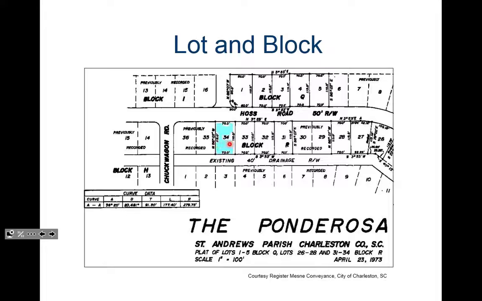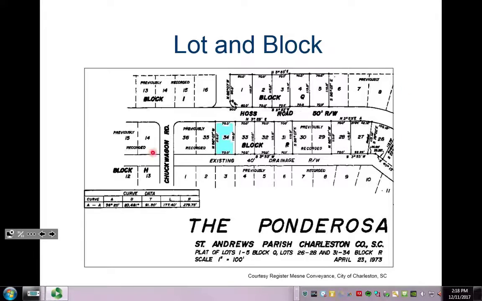And then on this plat map it says the dimensions of it. It might say so here's 70 feet, 70 feet, 70 feet. It might say 140 feet from, what is this, Chuck Wagon Road, and then it would go and describe this area more accurately.